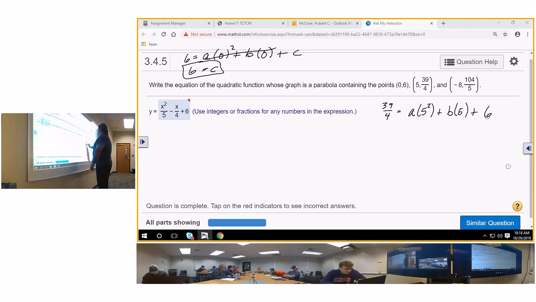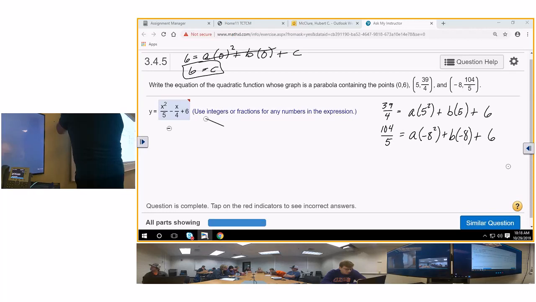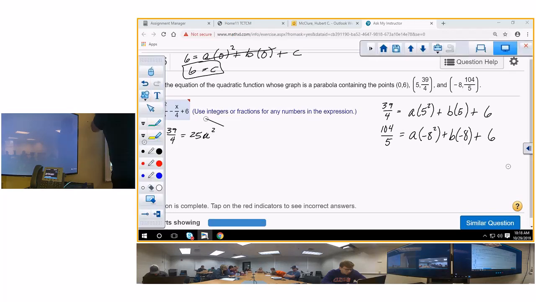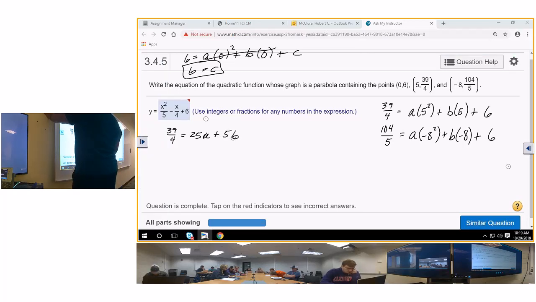And 104 over 5 is equal to a times negative 8 squared plus b times negative 8 plus 6. So that's going to give me 39 fourths is equal to 25a plus 6 plus 5b, plus 6.